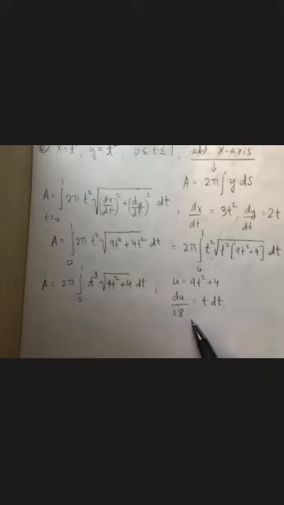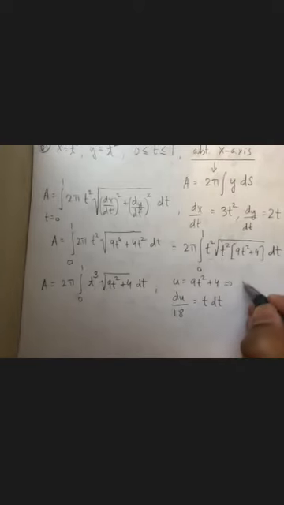So du over 18 gives us t dt, but we have t cubed, so we need an expression for t squared in terms of u, which this equation will give us. So t squared is u minus 4 over 9.